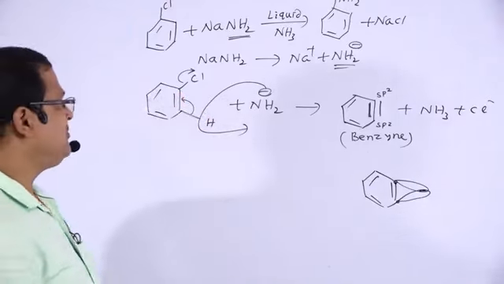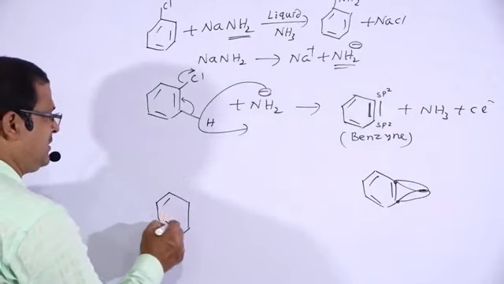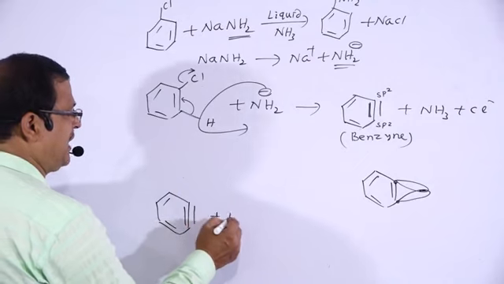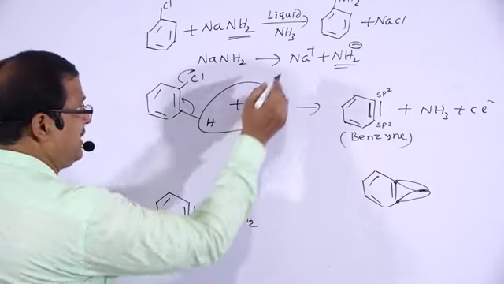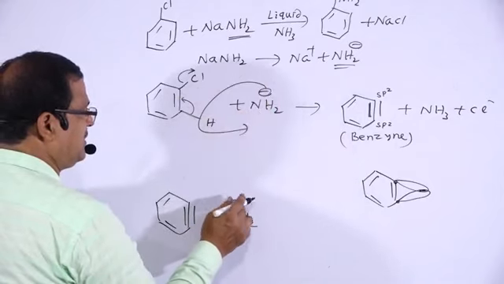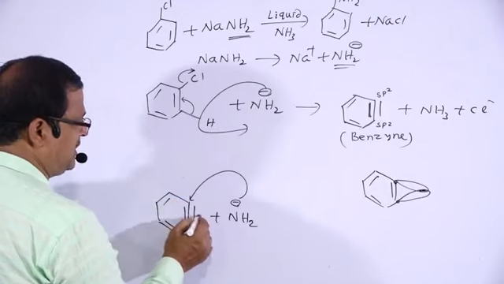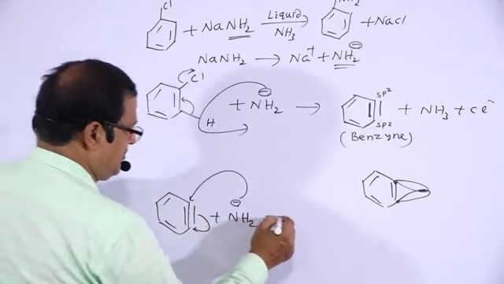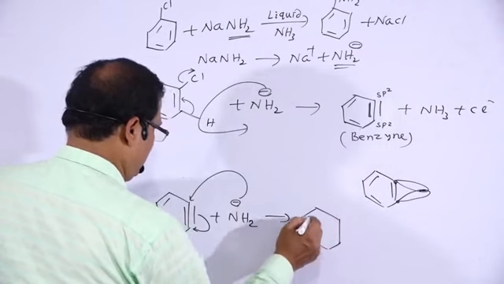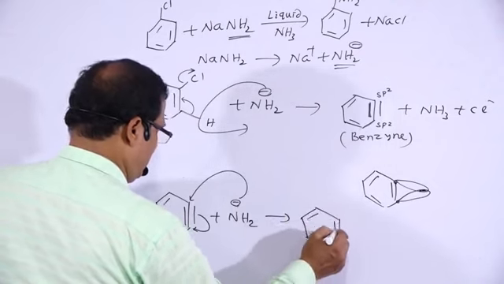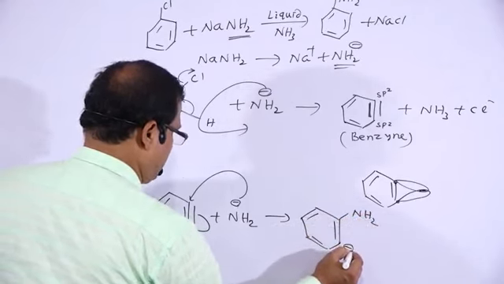Next one, that is addition. So benzyne is added with NH2 minus. We have taken sodamide, NH2 minus. So this is added to this one. This bond again is shifted to this carbon atom. There is the formation of NH2, and this becomes negative charge.